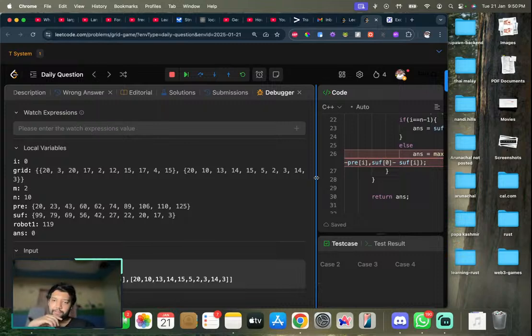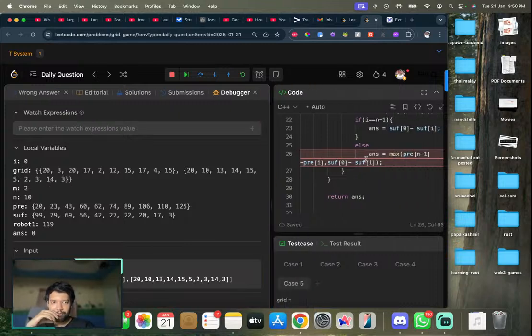Max of pre of n minus 1, 125, pre of i, 20, 125 minus 20 is 105, and suffix will be 0. So 125 should be the answer. 105, 105. Makes sense. This works. Cool.